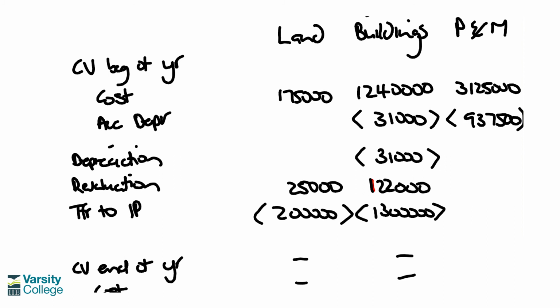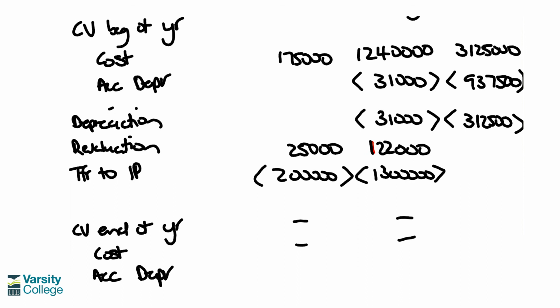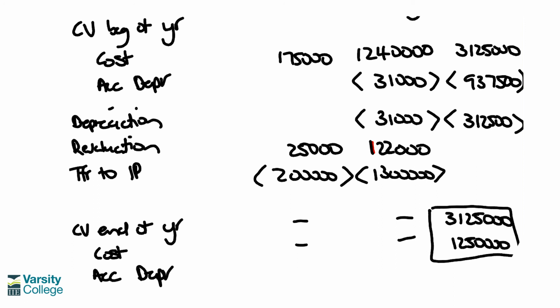Depreciation we calculated already, 312,500, and therefore it is just a case now of calculating your closing amounts. 3,125,000 is closing cost, and closing accumulated depreciation 1,250,000, which gives you closing carrying amount of 1,875,000. My alignment is a little bit out, but you know what I'm doing.